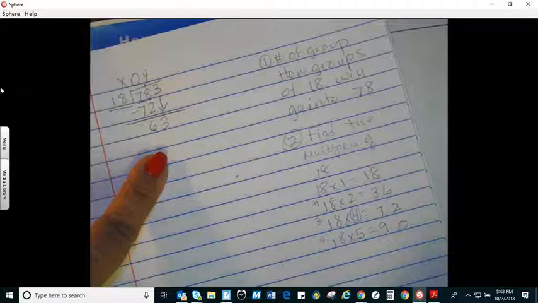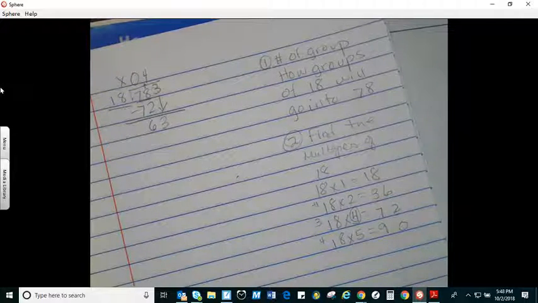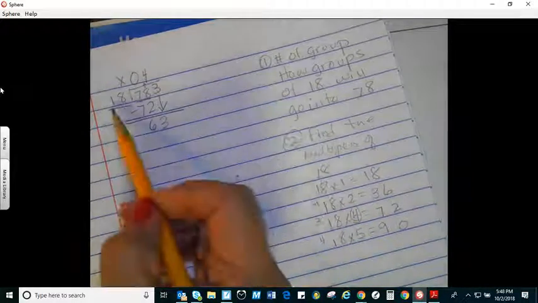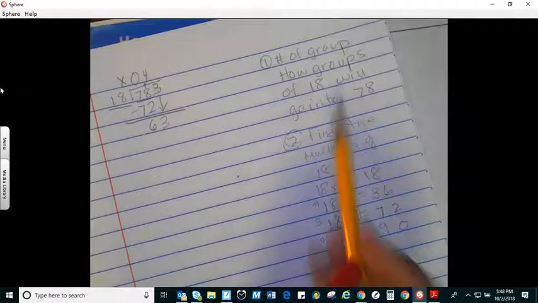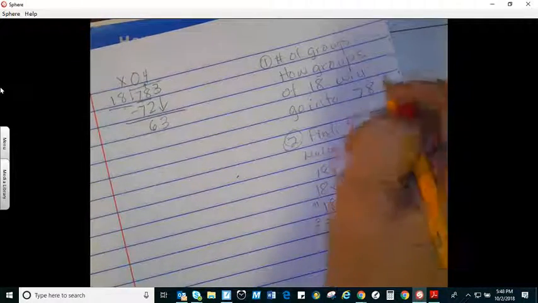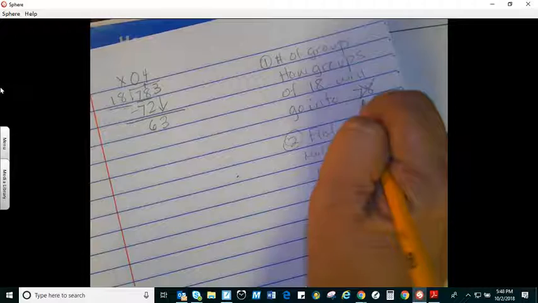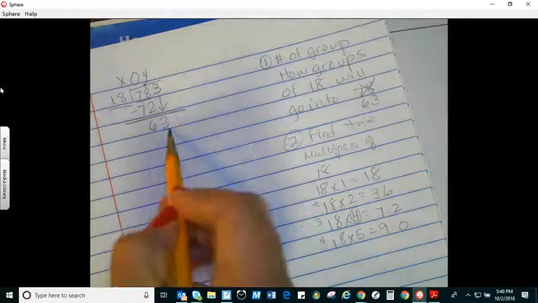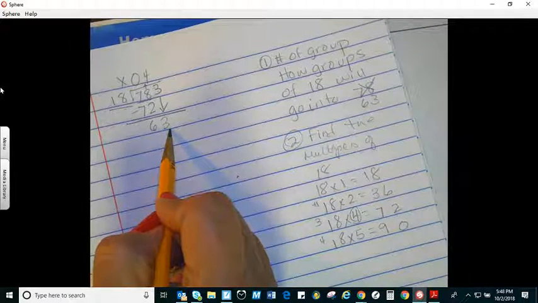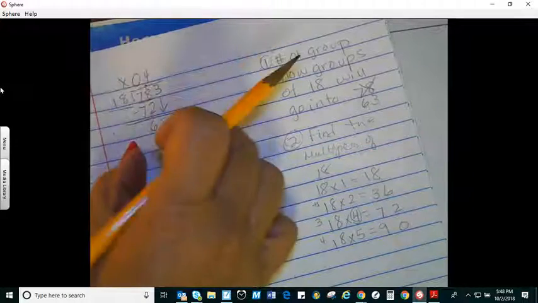So I can put start again, I can write repeat, and those are the acronyms that we have in our journal. So you can use the acronym, or you can just write the rules down. Again, how many groups of 18 will go into, and now I don't have 78, but I have 63, because that is my new dividend, because I need to make this smaller.